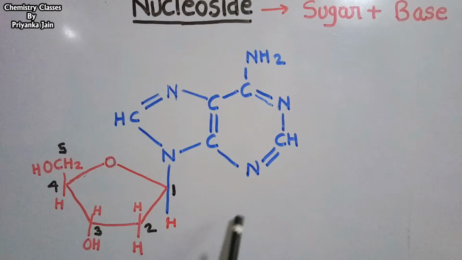As a result of this combination, it is called a nucleoside, deoxyriboadenosine. This is the adenosine nucleoside, and in this way four different types of nucleosides are formed because there are four different bases. So every nucleic acid possesses four different nucleosides.